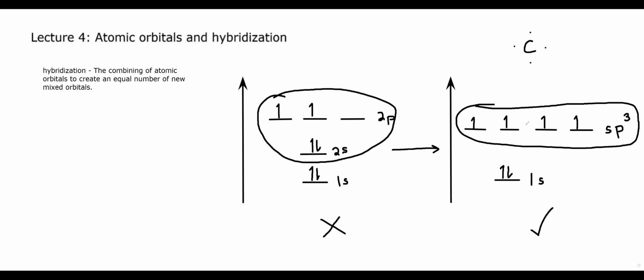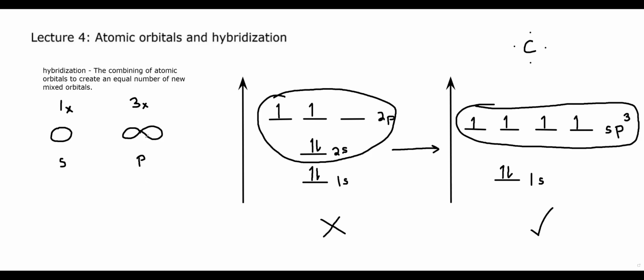Now, what does an sp3 orbital look like? Well, if an s orbital is a sphere and a p orbital is a dumbbell shape, then an sp3 orbital, if we combine 1 of these and 3 of these, it's just an averaging of these.